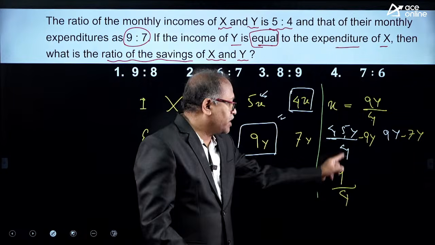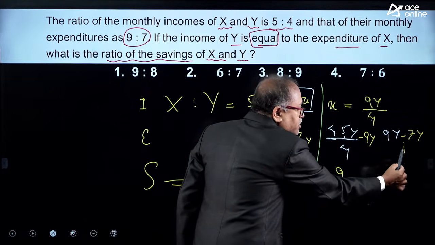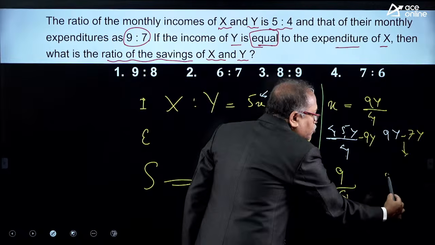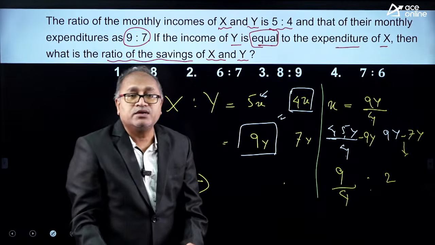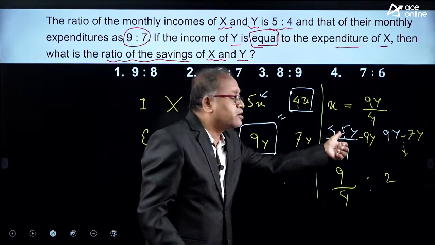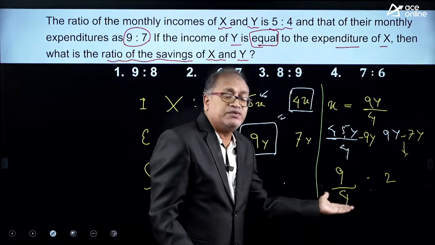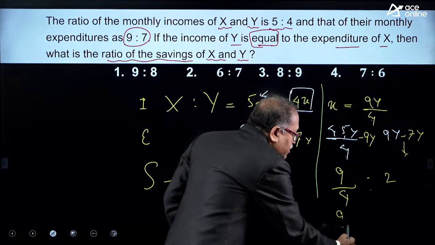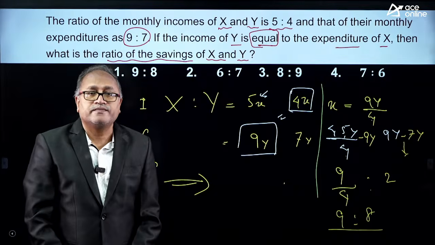So by 4 is there, 9 by 4, and what is there over here? You can clearly see that this is a 2, y get cancelled. This is the ratio. What is this ratio? Saving ratio. So this is the income and this is the expenditure. Income minus expenditure is saving. So you can see that 9:8, that's the saving ratio.